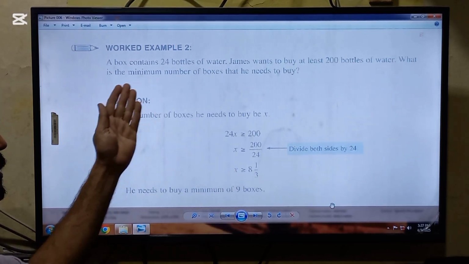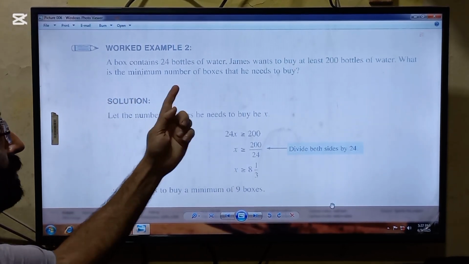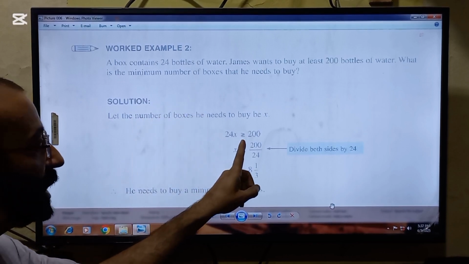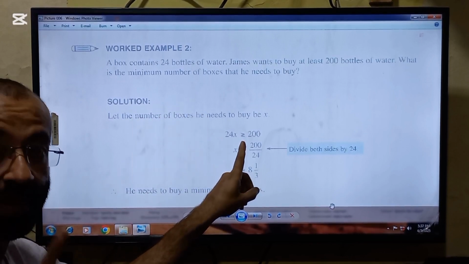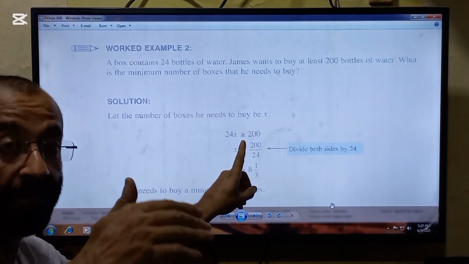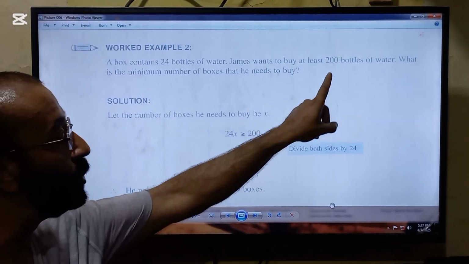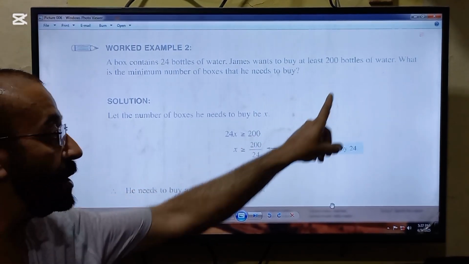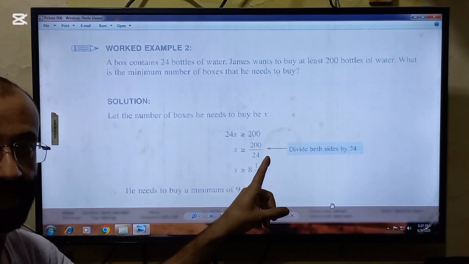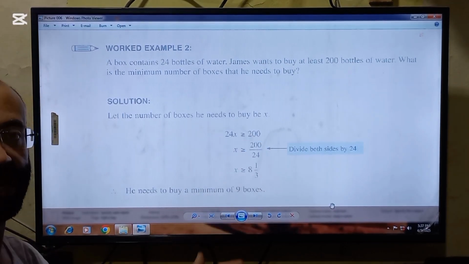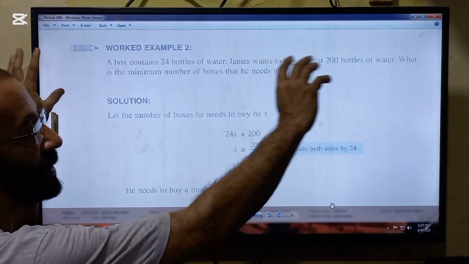And because we want to purchase the minimum number of boxes, this sign will be used, because minimum stands for we can have more than this. And he wants to purchase 200 bottles, so 200 will be put on the right side. So this is the inequality which is satisfying this statement.